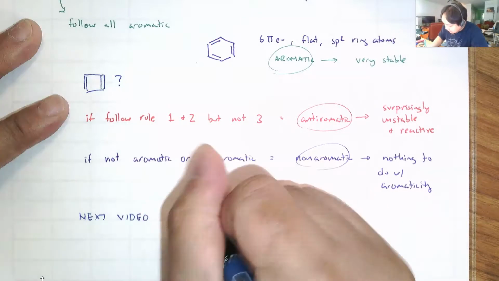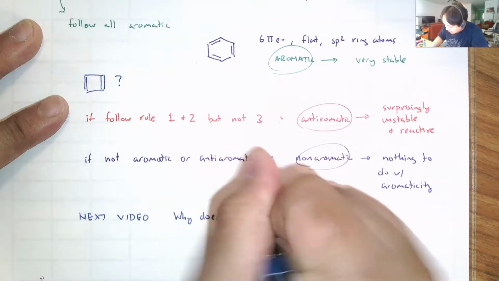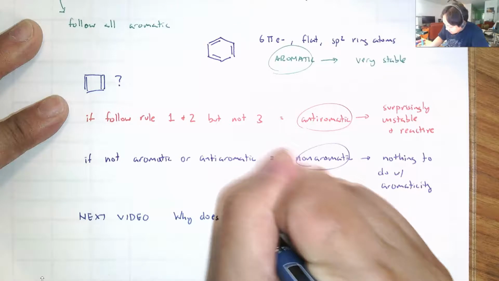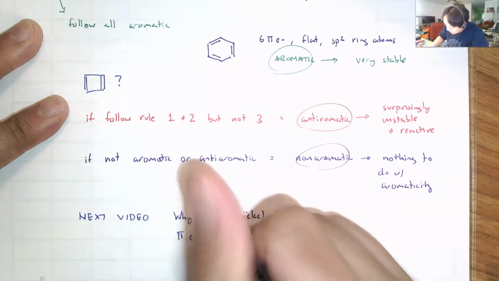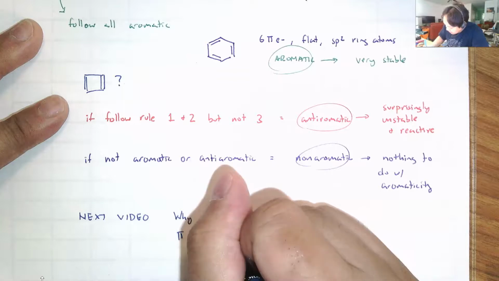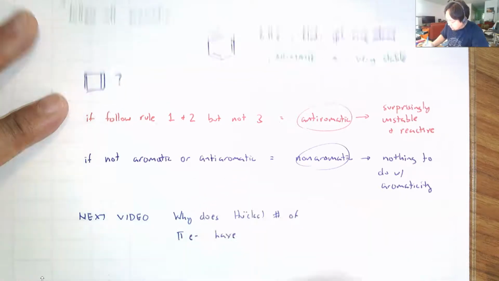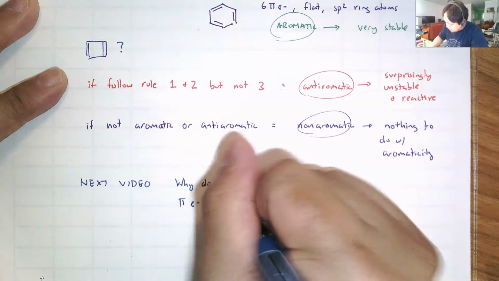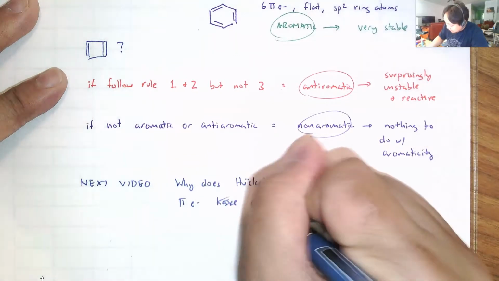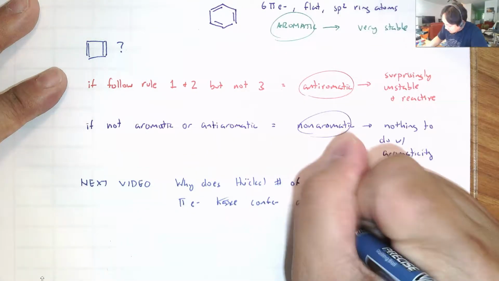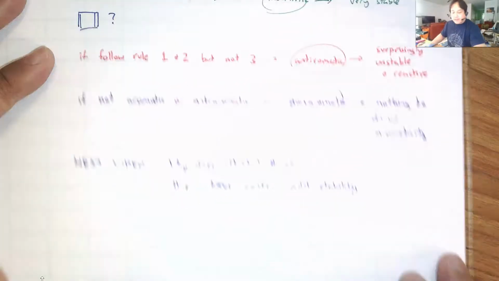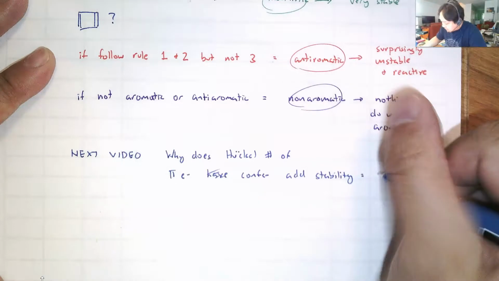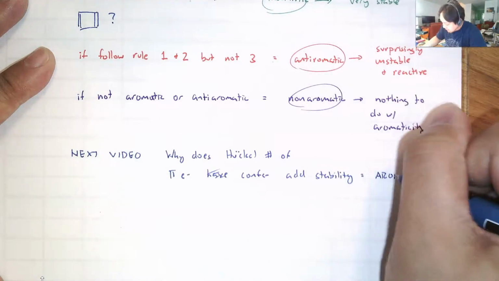Or specifically, why does a Huckel number of pi electrons confer added stability? And that added stability is called aromaticity.